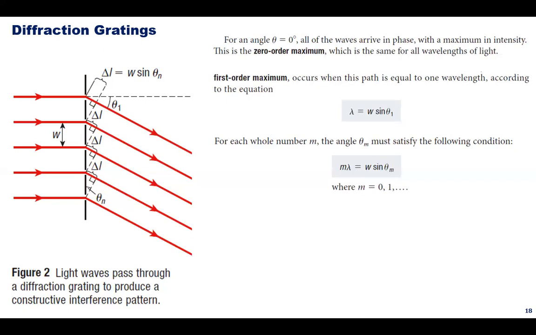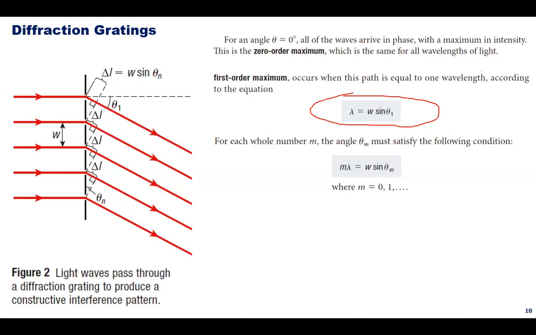If you apply trigonometry to figure 2, you will see that the path length difference, or delta L, is equal to W sine theta 1. The first maximum of intensity, called the first order maximum, occurs when this path is equal to 1 wavelength, according to this equation: lambda equals W sine theta 1.